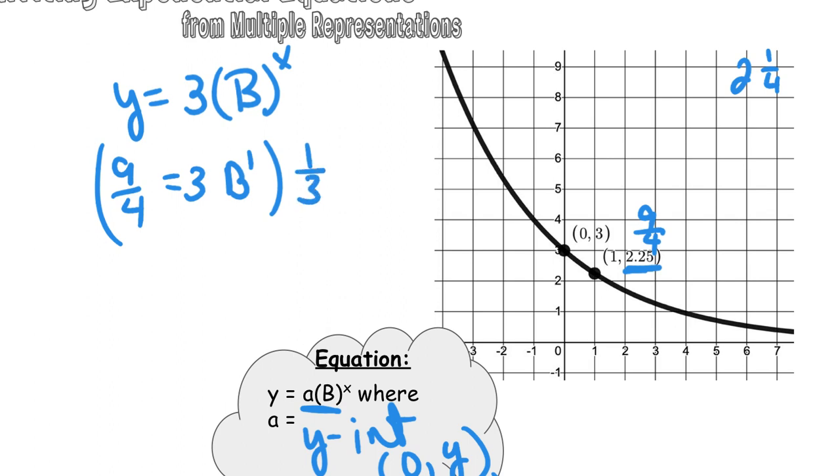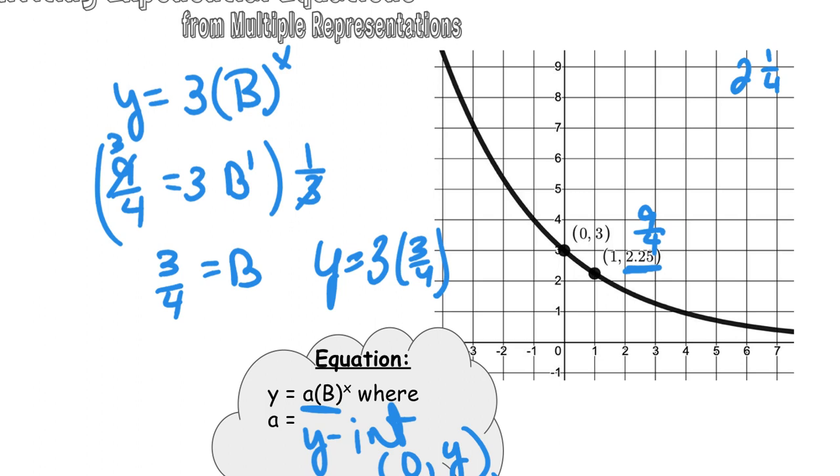Multiply by 1/3. So I got b equals, and then when I do the other side, isn't the 3 going to go into the 9 3 times? Leaving me with 3/4. So we end up with y equals 3 times 3/4 to the x.